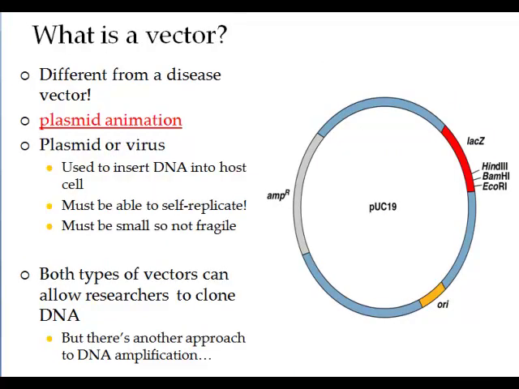Now, the last term we want to go over is a vector. I have pretty much given you the definition of a vector. A vector is one of a variety of different types of DNA molecules present in the extrachromosomal part of the bacteria, and these are circular molecules.